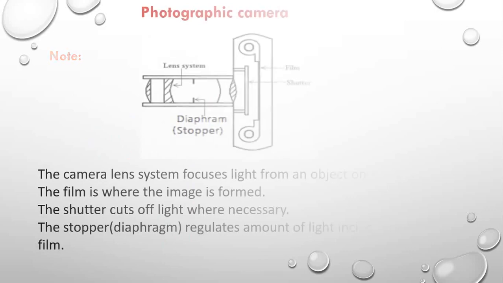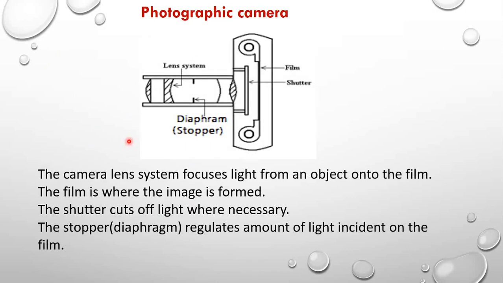So in this lens system, we modify it to have an achromatic doublet, and that will help us to minimize the chromatic aberration.